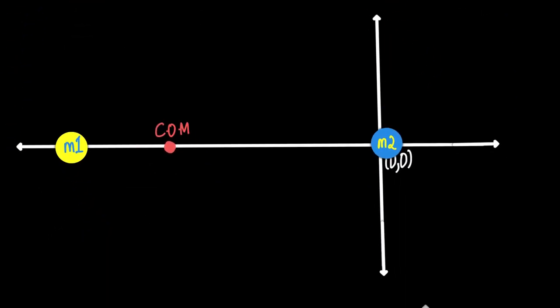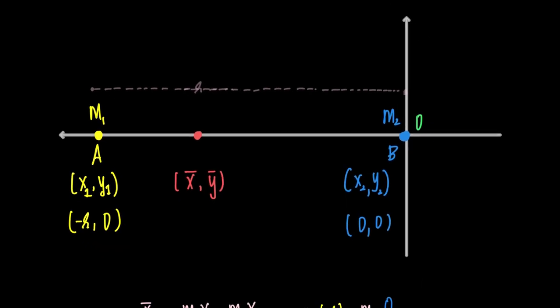Surely if this is the setup, the center of mass should also lie along the same axis, which is along the negative x-axis, right? And if that is the case, what can we say about the coordinates of m1 and m2? Say they are a and b respectively. A representing x1, y1, b representing x2, y2.